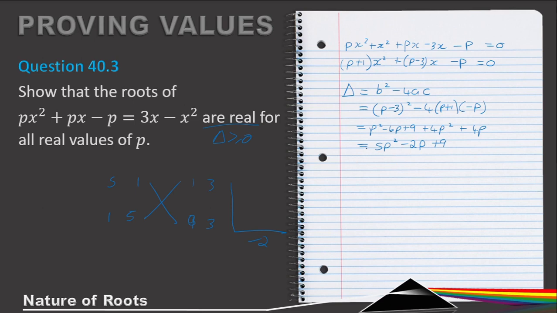We know that if we just compare these two terms, p squared on its own will always be bigger than or equal to p, because if you put in a negative value, it's going to become positive, where this one will stay negative, so this one will be bigger.